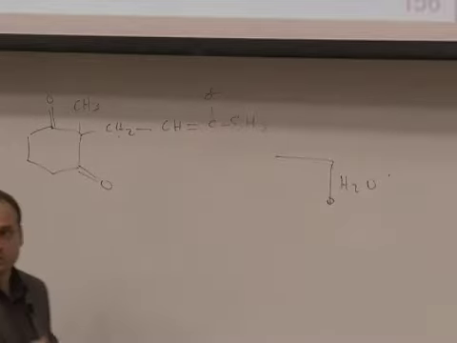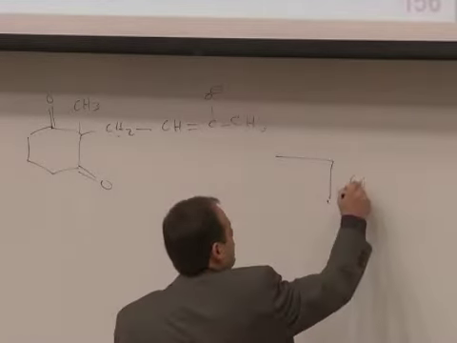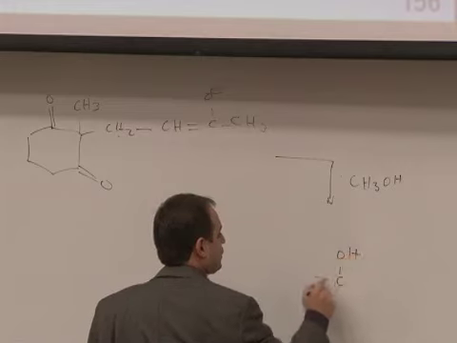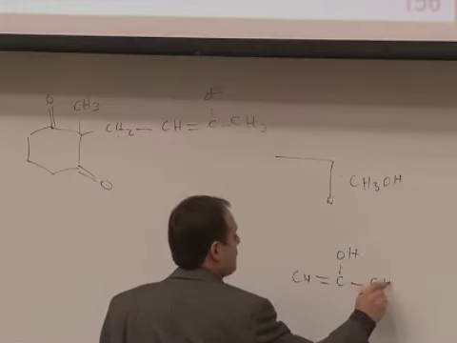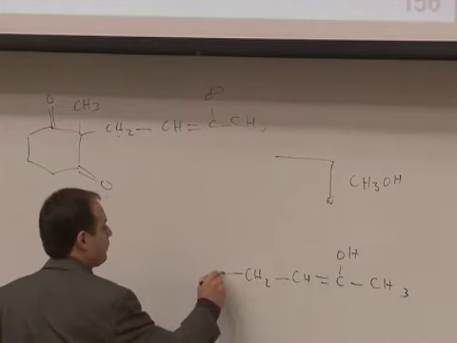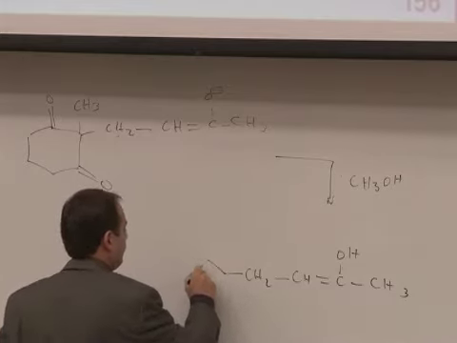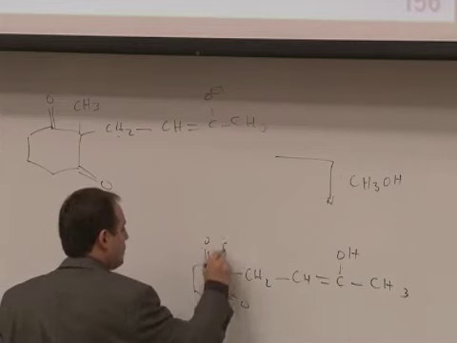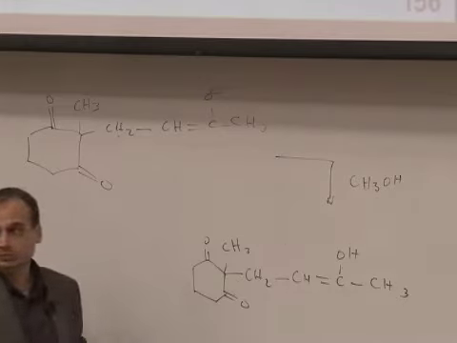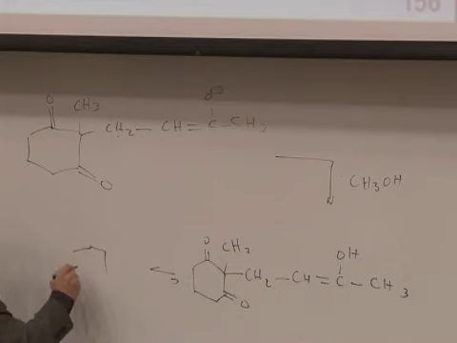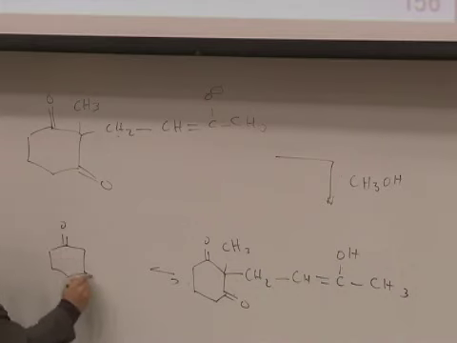It doesn't matter if you write that you're picking the proton from water or methanol, because they are of comparable acidity. You're getting COH, double bond CH, CH3, CH2, double bond O, CH3. Then this is going to tautomerize, and you will get this product.